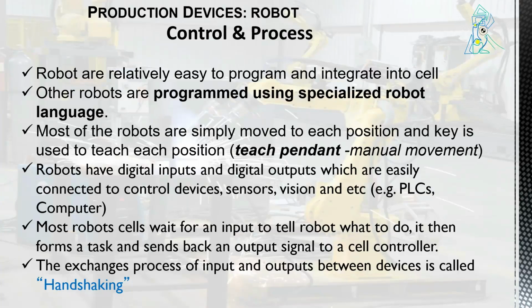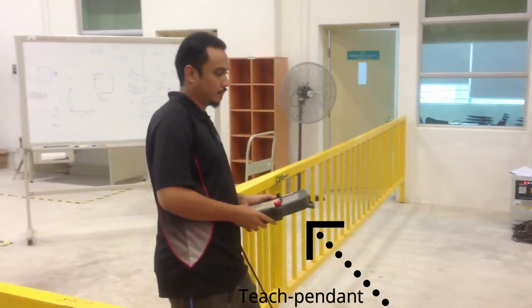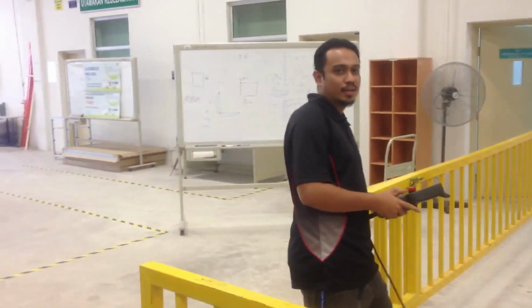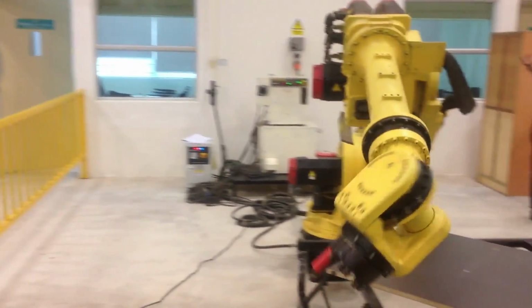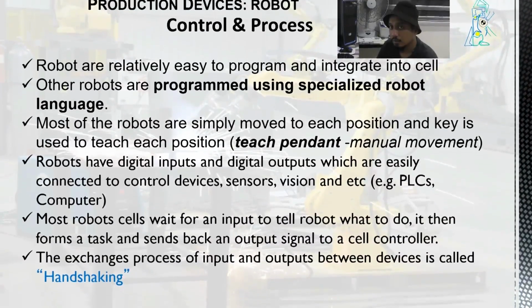The most common system to set up the robot movement, the robot process, the robot control is a teach pendant, which can be used by the handler to program the robots as required.